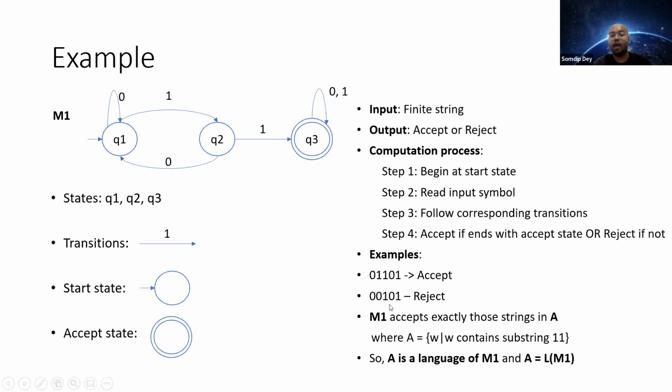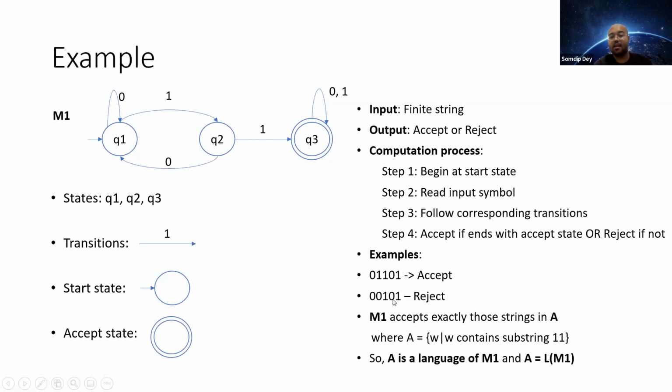Then we have the 1, which changes the state to Q2. Then we have 0. Now Q2, if it is 0, the machine changes the state from Q2 to Q1.